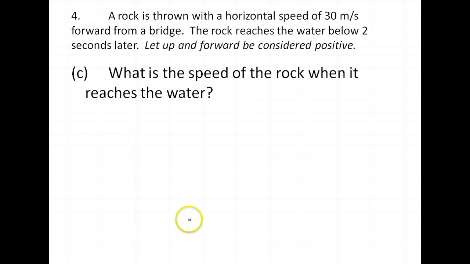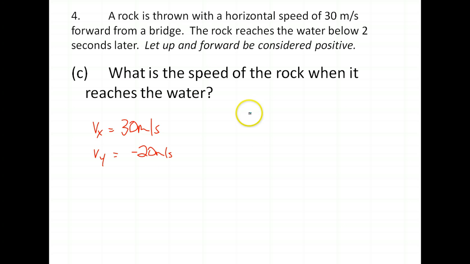And then we have our final one, part C. What is the speed of the rock when it reaches the water? Well, if you haven't guessed yet, since they gave us our horizontal component, which was 30 meters per second, and we calculated the vertical component, which is negative 20 meters per second, they want to know the hypotenuse.